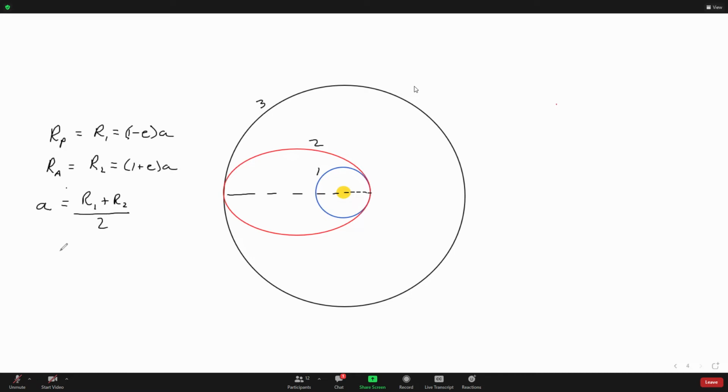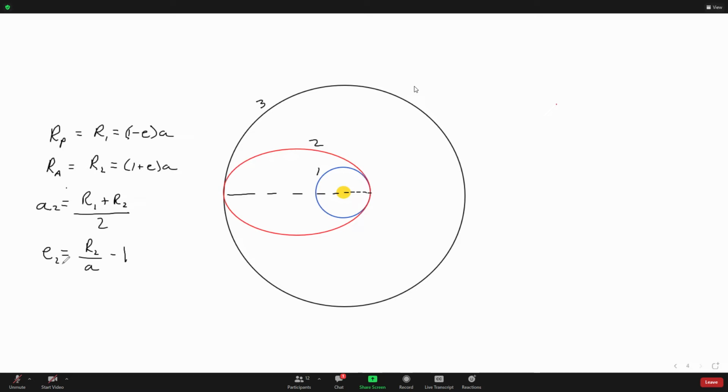And E can be calculated in more than one way. Let's say E, in this case, is going to be R2 over A minus 1. So now we know for orbit 2, we know A2 and we know E2. So we know everything.